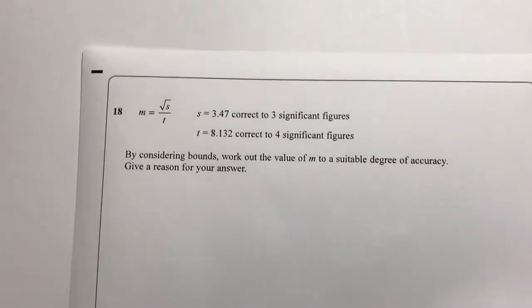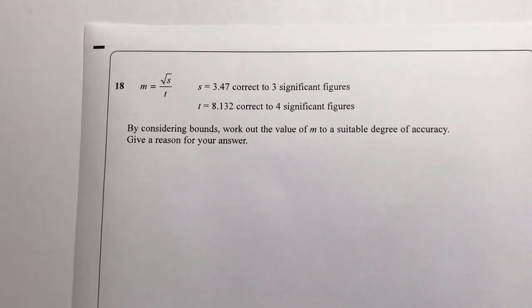I think we'll have a look at question number 18, which is a question that involves bounds. Now, bounds are again becoming increasingly popular on calculator type papers, mainly because bounds really is all to do with tolerances.